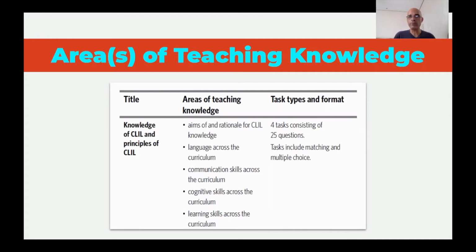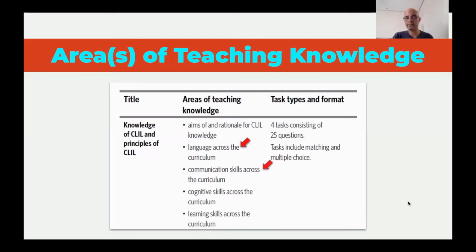We saw when we were looking at task 1 that the first task focused on aims of and rationale for CLIL knowledge. This one here focuses on language across the curriculum because the task itself refers to language areas. But if we look a little bit deeper into the question, we're going to see that it also contains elements of communication skills across the curriculum.